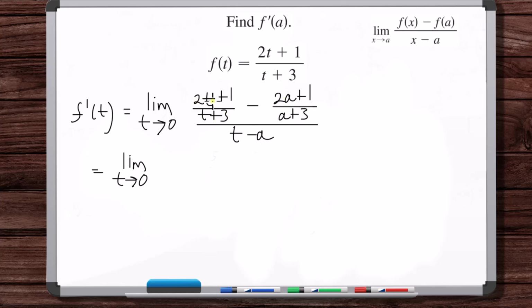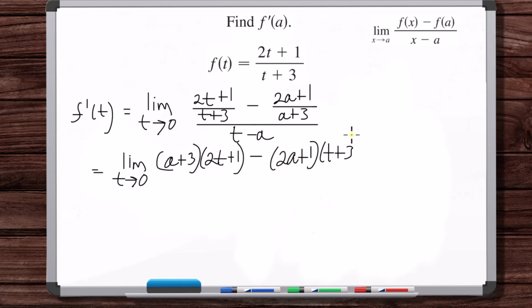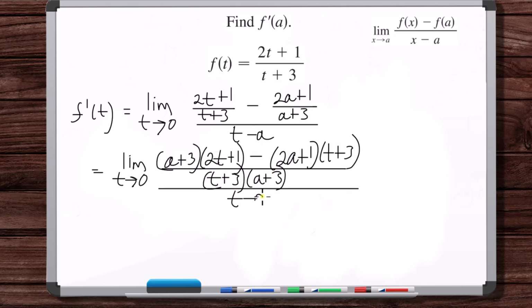So if you multiply this by a plus 3, and then this by t plus 3, all over t plus 3, and then t minus a.